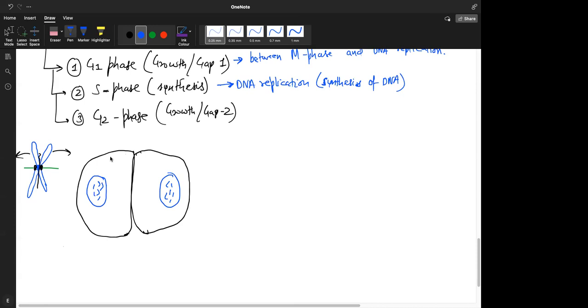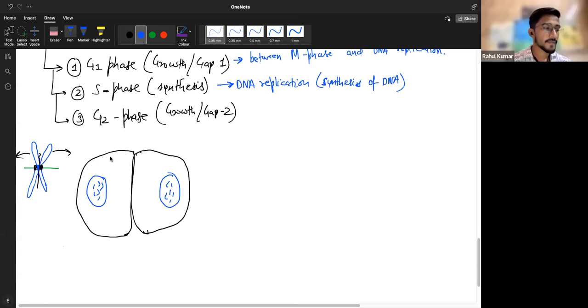Okay, so now let's write this whole process. Write down. DNA replication takes place in the nucleus during the S phase, and simultaneously centrioles duplicate in the cytoplasm.